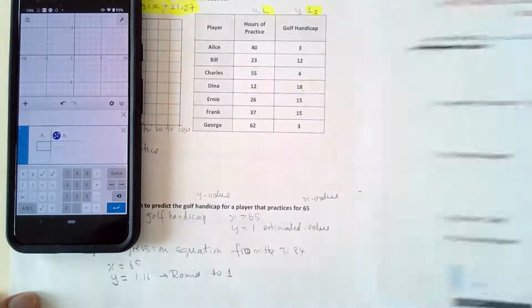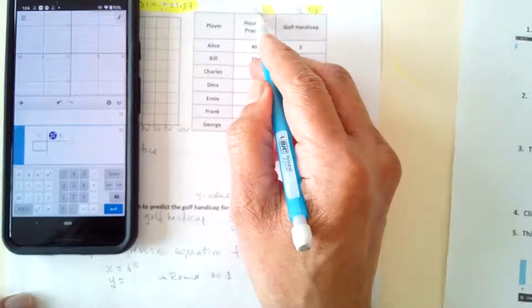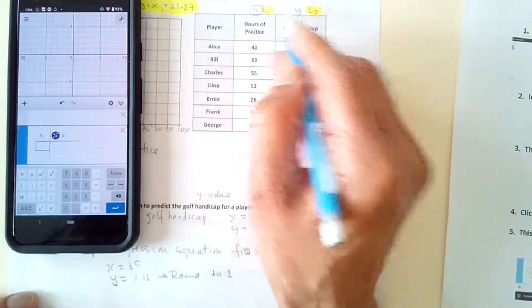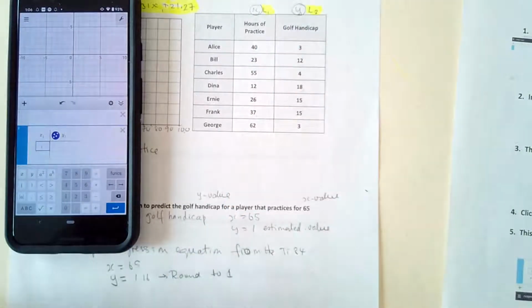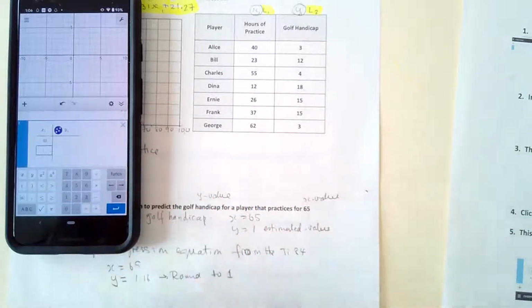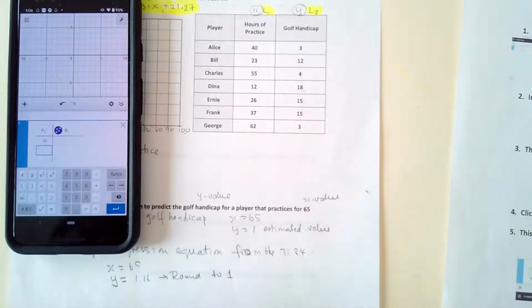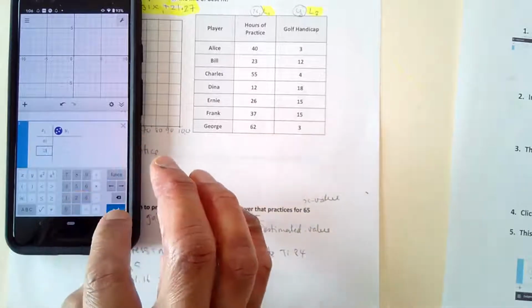Once you have your table, you're going to enter the set of data here. X1 for Desmos and Y1 for Desmos. So you'll enter your data: 40, and this is your enter button, the arrow in the bottom left-hand corner. 40, 23.